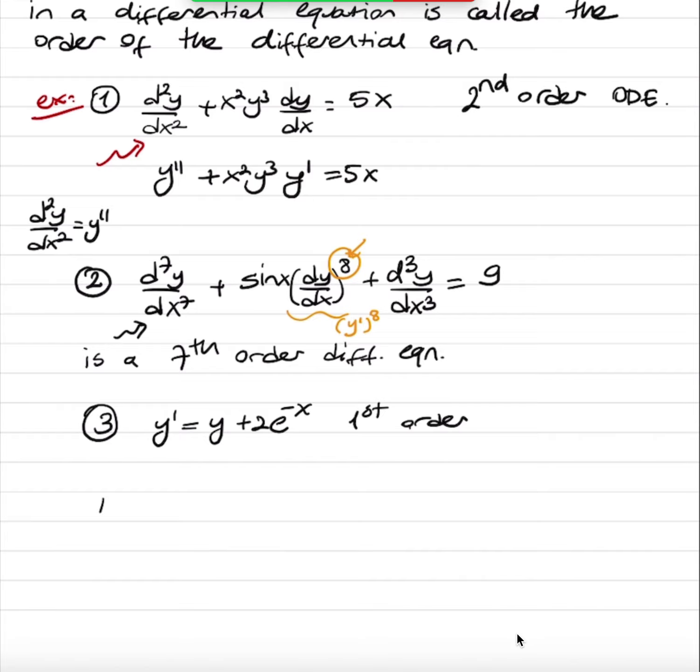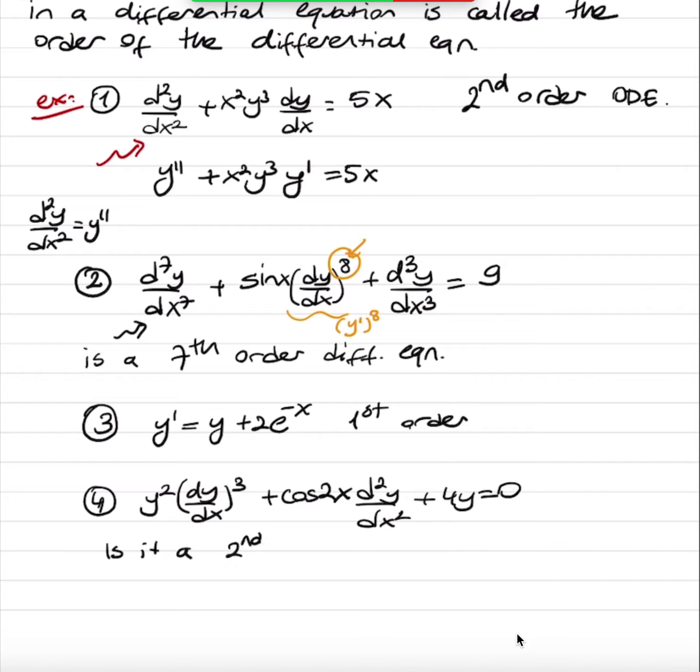Okay, let's look at this one: y square dy over dx cube plus cosine 2x d square y dx square plus 4y is equal to 0. If you look at this one, what do you think? Is it a second order or third order differential equation? You can guess.